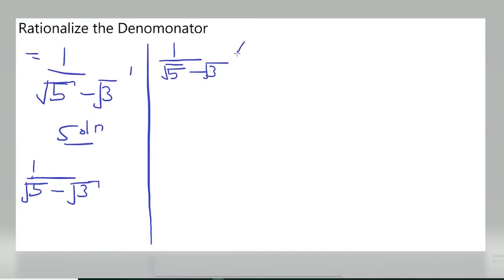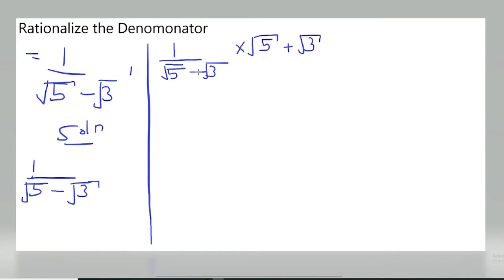Then multiply by the same denominator but exchanging the operation. If the operation is negative, here you write positive, and if the operation was positive, I would have written negative.